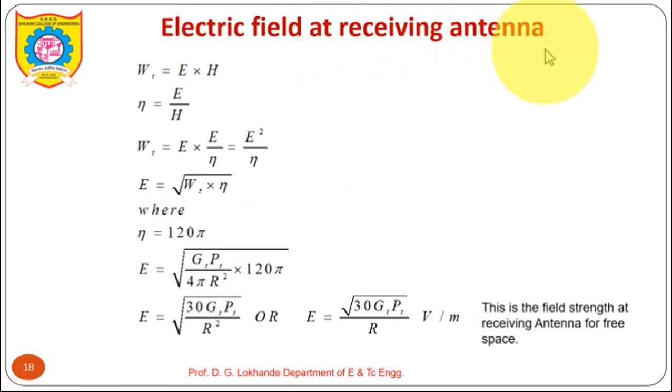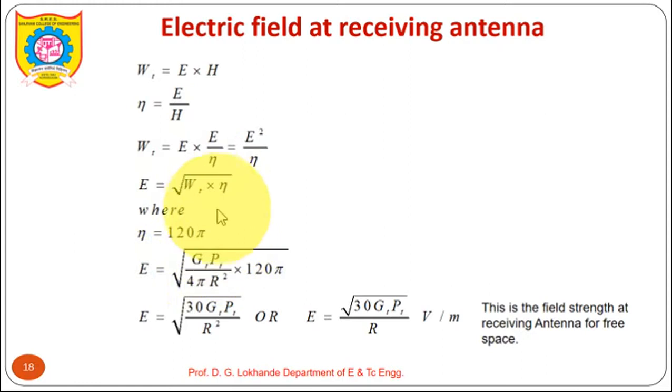Electric field at the receiving antenna. So these are the radiation intensity: Wt is equal to E into H, and the intrinsic impedance eta is equal to E by H. The modification of this equation is Wt equal to E square upon eta, where eta is 120 pi. So we can calculate E equal to the square root of Wt into eta.